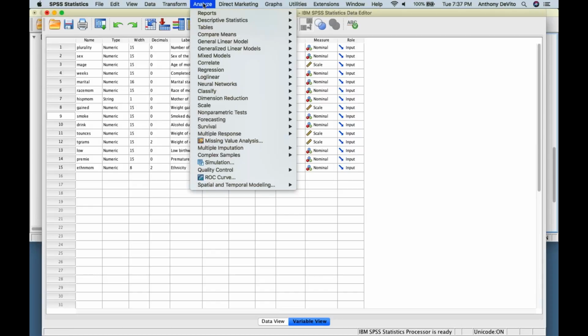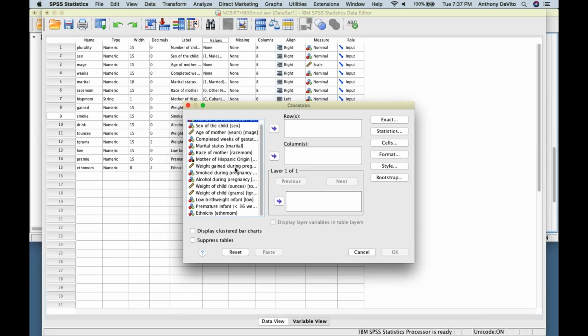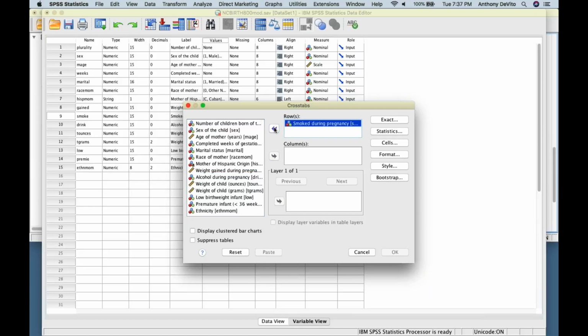So I'm going to go to analyze. Well, where's chi-square? Chi-square is under descriptive statistics, mostly because you start off by creating that crosstabs table, organizing the data. So in the rows, I'm going to put whether the mother smoked during pregnancy, in other words, the exposure. And in the columns, I'm going to put the outcome, which is whether or not the baby was premature.